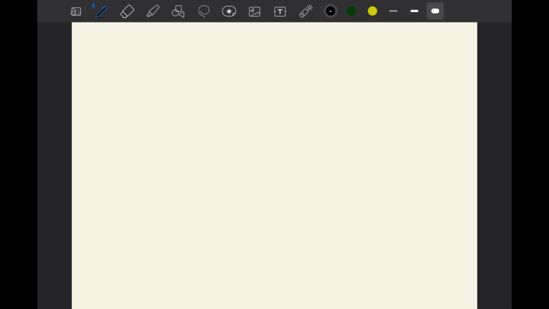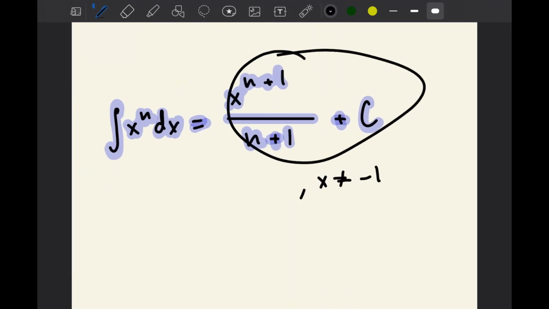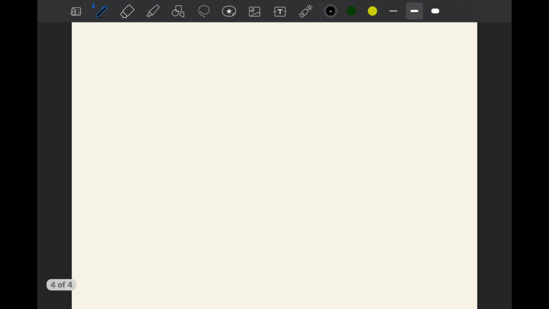The integral is the antiderivative, right? So the derivative of the integral should give you the function that you're integrating, if that makes sense. To prove this to ourselves, we can take the integral right here and take the derivative of it.